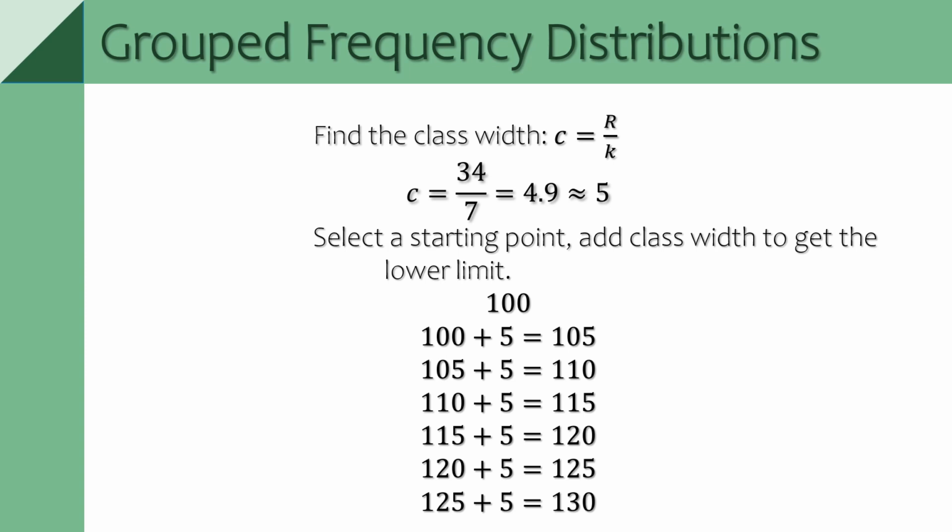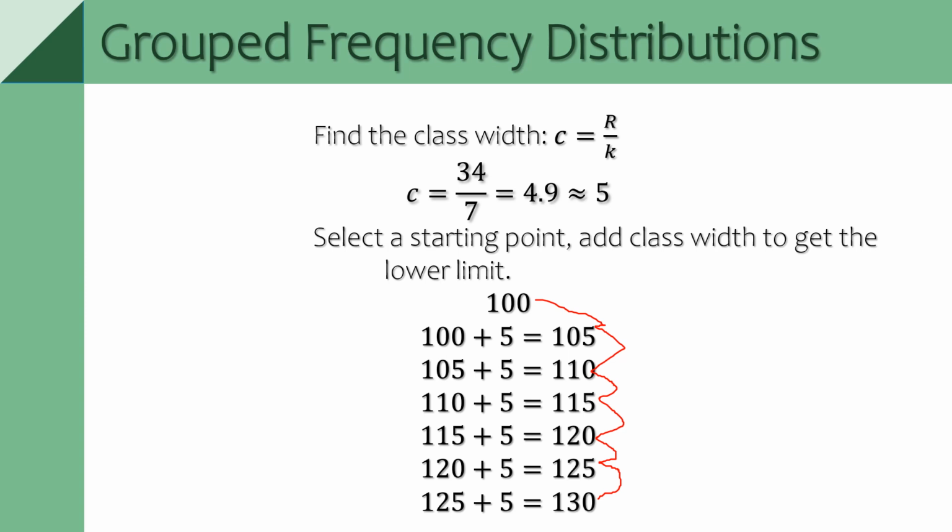So, kailan tayo mag-stop? Kapag nakumpleto na natin yung number of classes. Ano ba yung number of classes natin? Diba 7? So, bilangin natin. 1, 2, 3, 4, 5, 6, 7. So, dun lang tayo mag-stop. So, yun yung importante ng number of classes natin sa paggawa ng frequency distribution table at sa pag-identify ng classes natin.